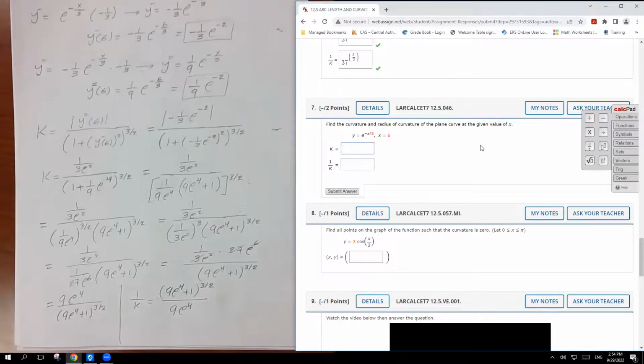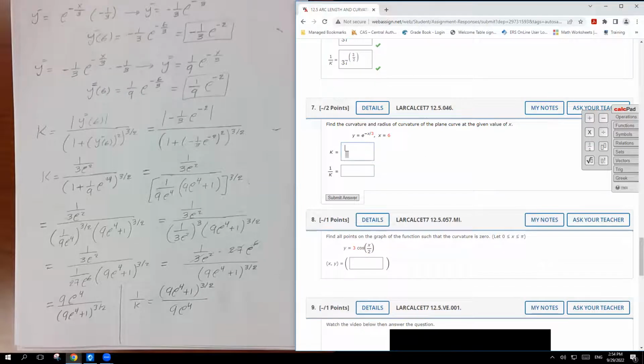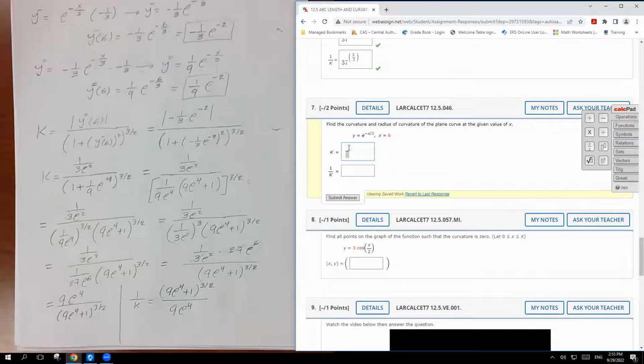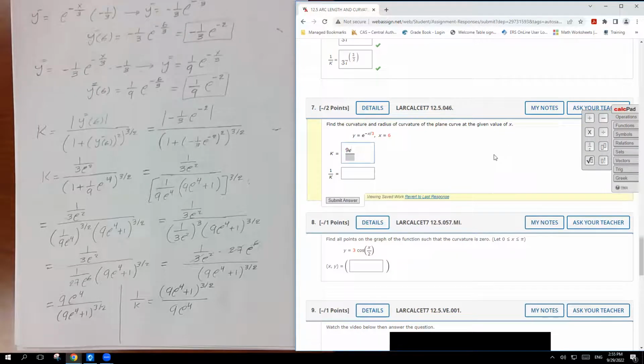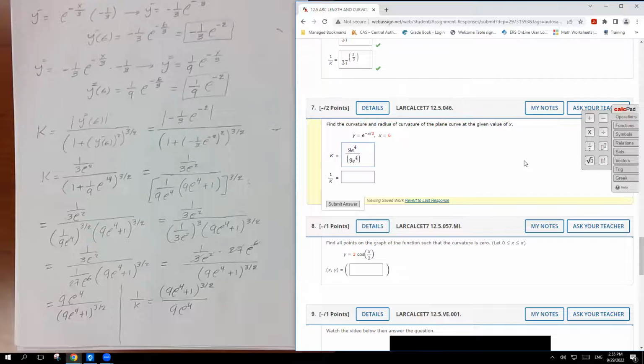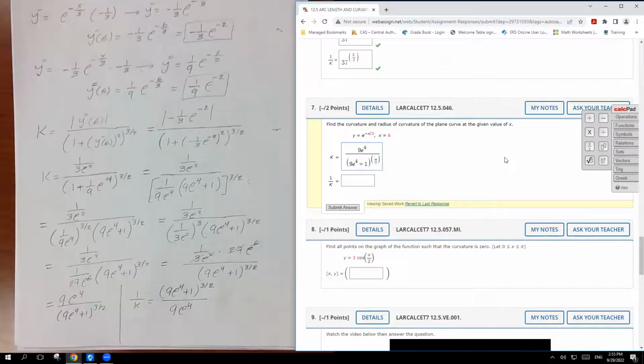Let's see. K is going to be 9 e to the power 4 over parentheses 9 e to the power 4 plus 1, and everything here to the exponent 3 over 2.